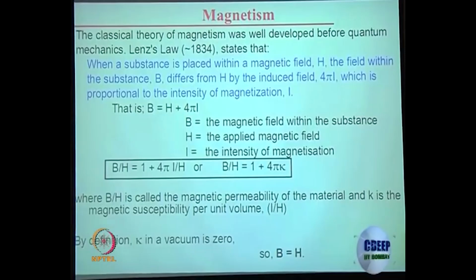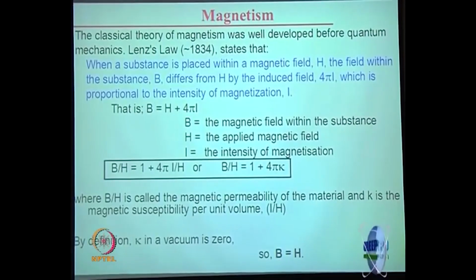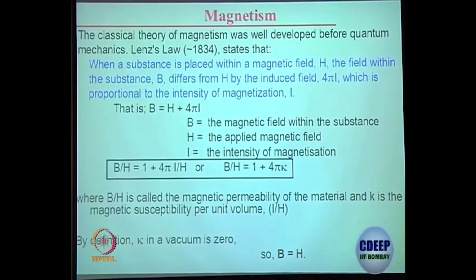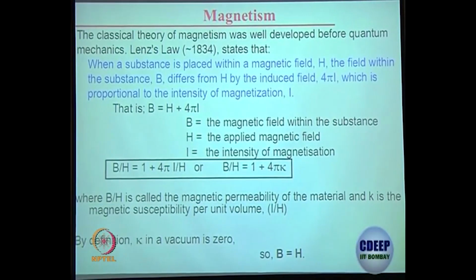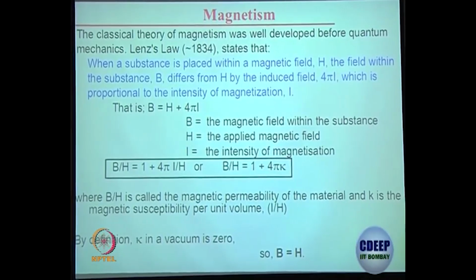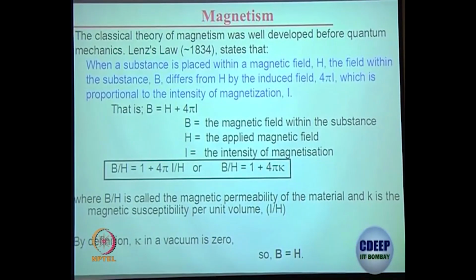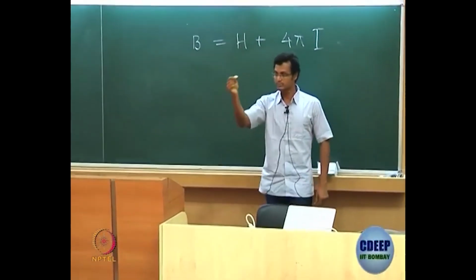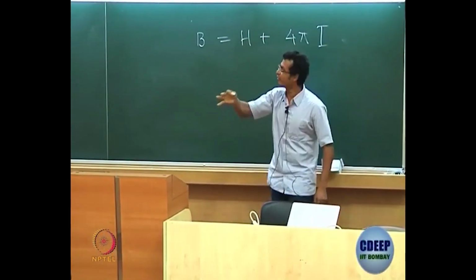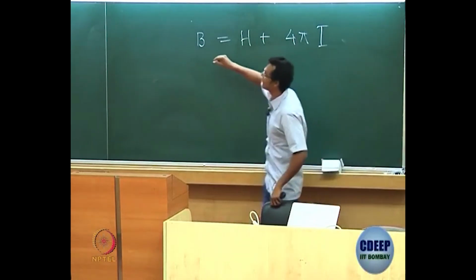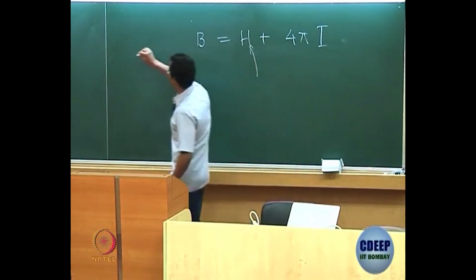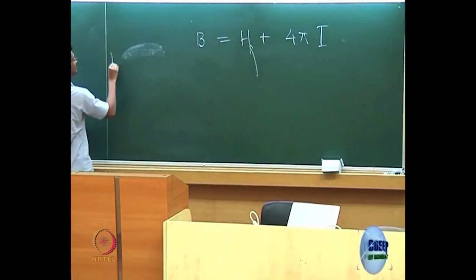Overall, in terms of mathematical calculation, we can have this equation, where essentially you are keeping your molecules in a magnetic field, and that magnetic field is going to be H. So let's say this is the magnetic field H.